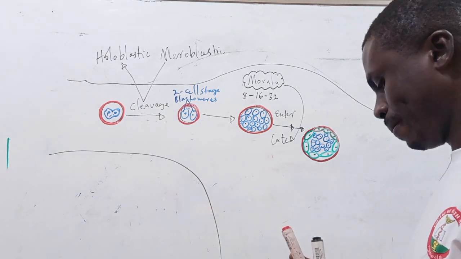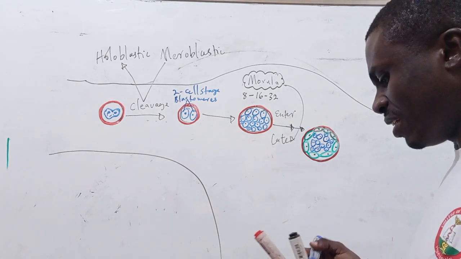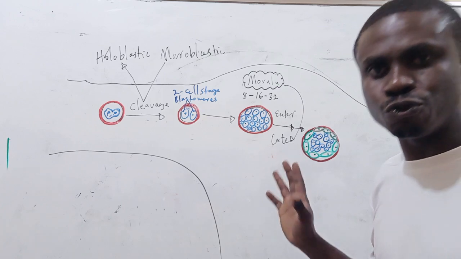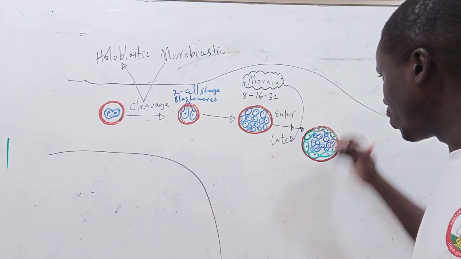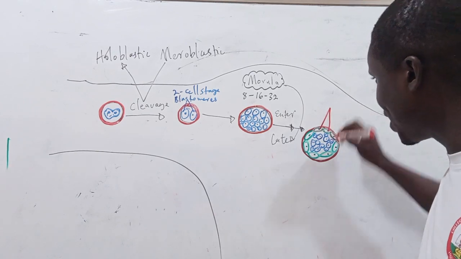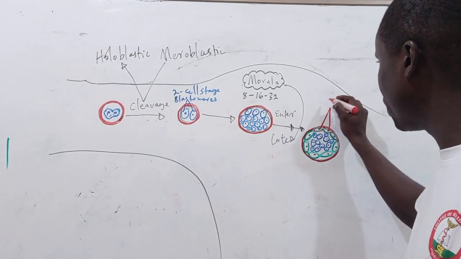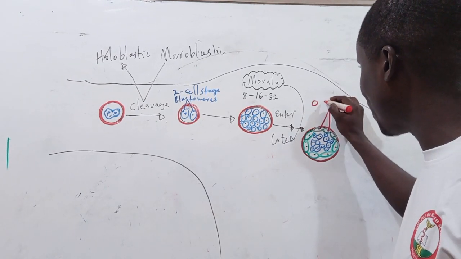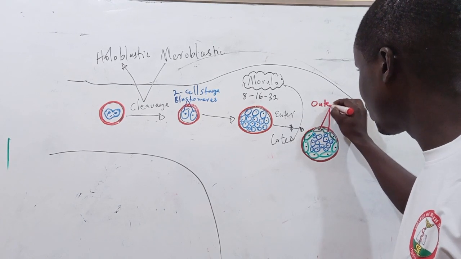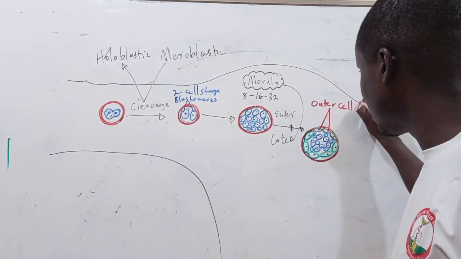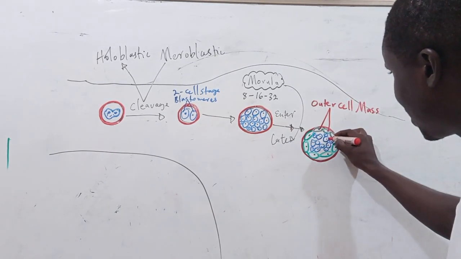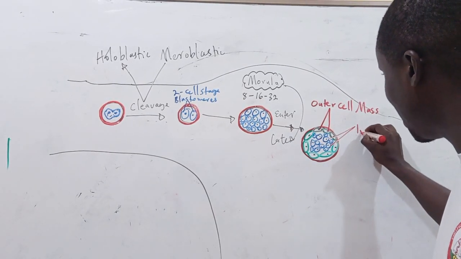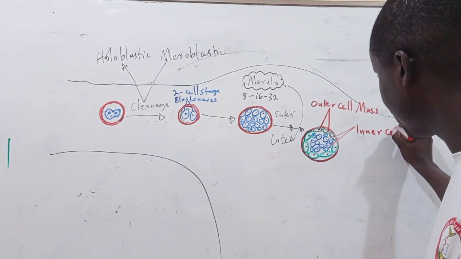These cells, which have organized themselves into 2 distinct areas, those ones at the periphery over here, we call them outer cell mass. And those ones inside over here will form something we call inner cell mass.